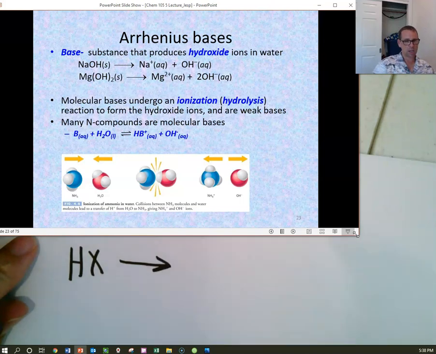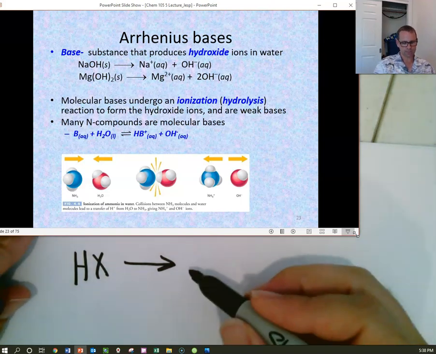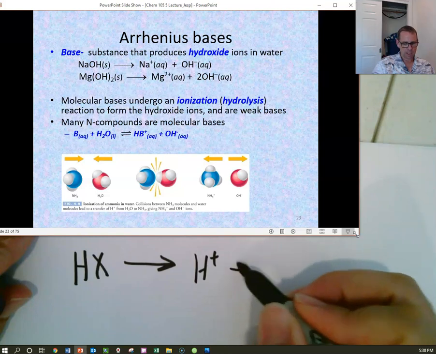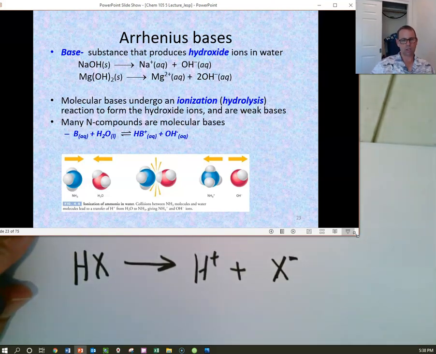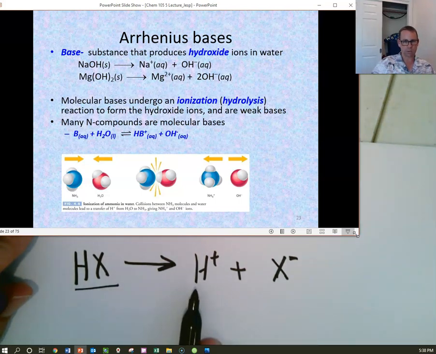If this is an acid, what will my resulting ions be if I put my acid HX into water? H plus and X minus. H plus ion, and then X with a minus charge. That's right. So that's the dissociation of an acid. So an acid is a molecular compound that you put into water and a hydrogen ion results.